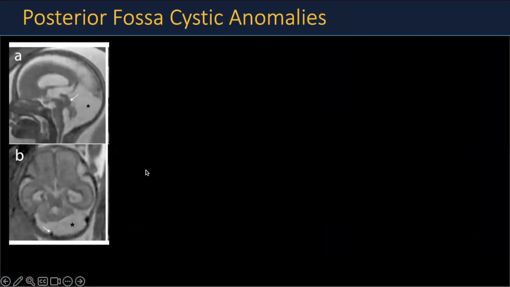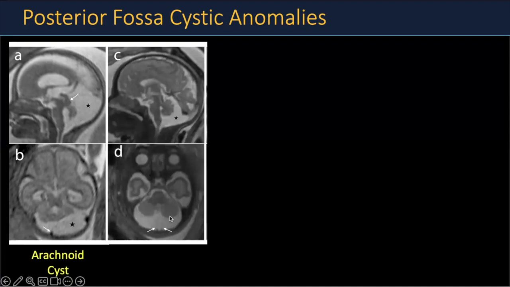So to review some of the cystic posterior fossa anomalies that we might see, here in this case, we can see an asymmetric enlargement of the retrovermian cisternal spaces and some flattening and mass effect upon the left cerebellar hemisphere. This should be an arachnoid cyst of some kind. There's also incidentally thickening of the lower tectal plate.